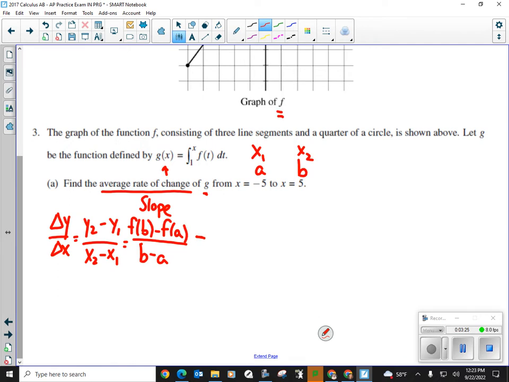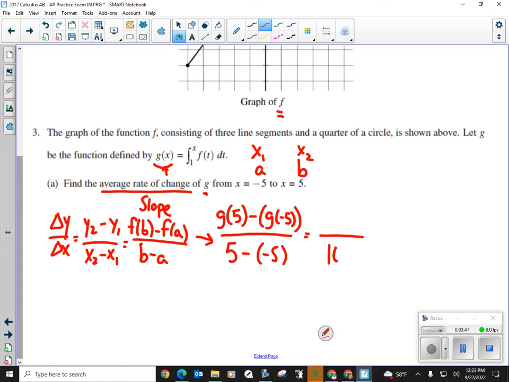So I'm going to take 5 minus a negative 5 all over, in this case, g of 5 minus g of negative 5. So the bottom is easy. It's just 10. We got to figure out what these things are.